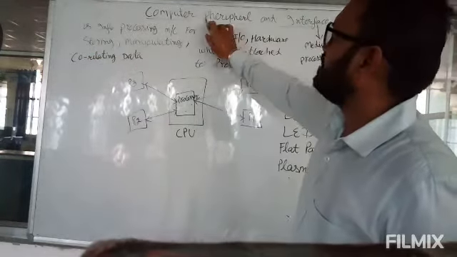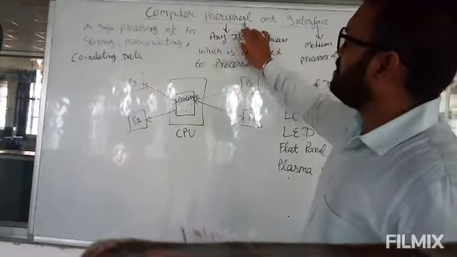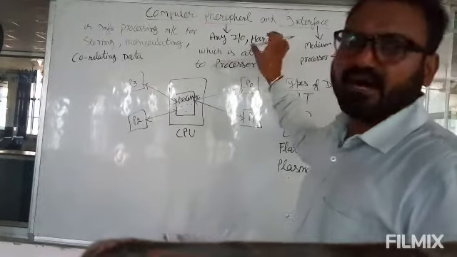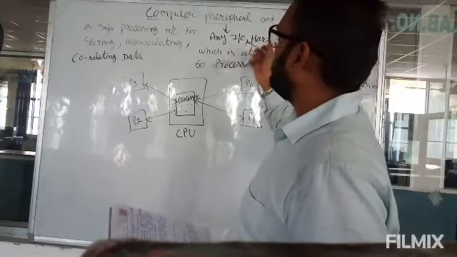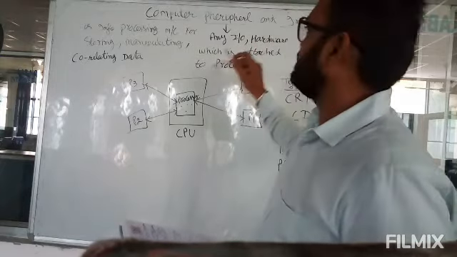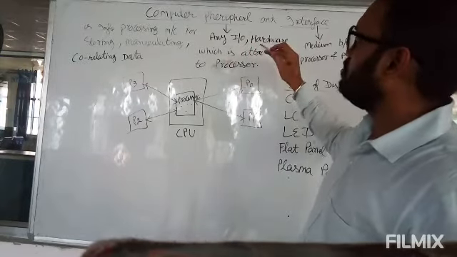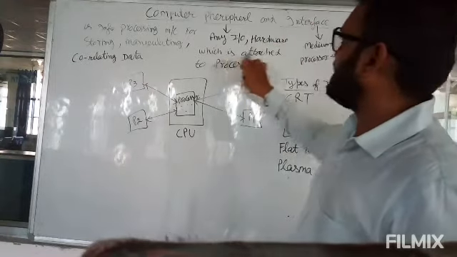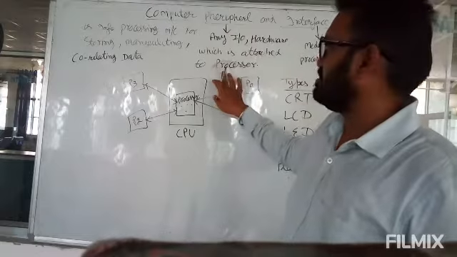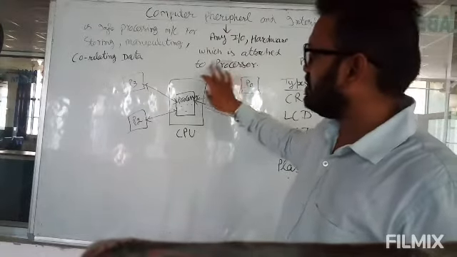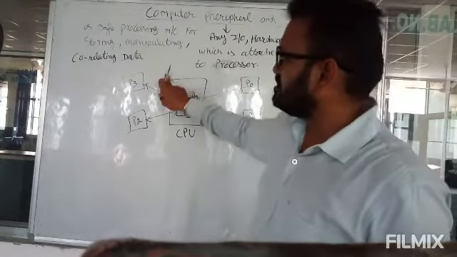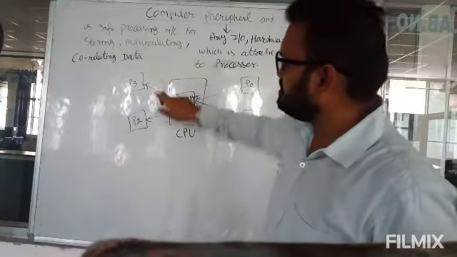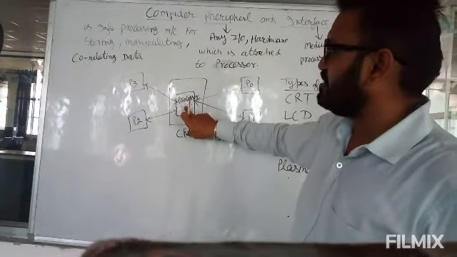Second word is peripheral. Peripheral means any hardware, or we can say any input device, any output device, or any storage device which is attached to the processor. Processor is the heart of the CPU. Suppose this is the CPU and this is a processor.